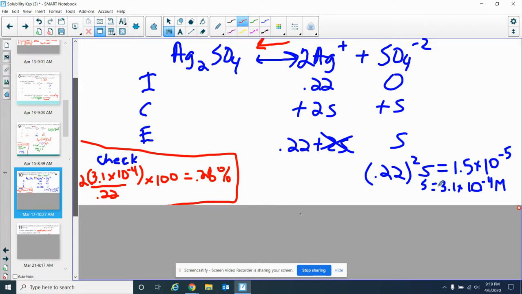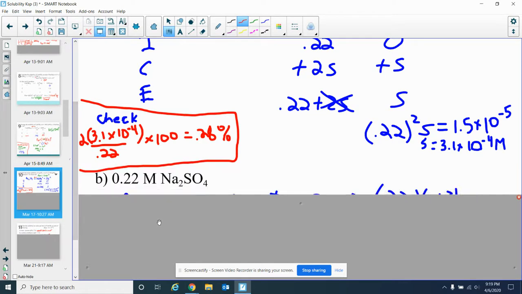So S comes out to be 3.1 times 10 to the minus fourth molar. Checking that approximation, I ignored 2S, so 2 times 3.1 times 10 to the minus fourth divided by the original concentration gives us a percentage of 0.28%, so that is fine. That's a small enough number that it was fine to ignore it.